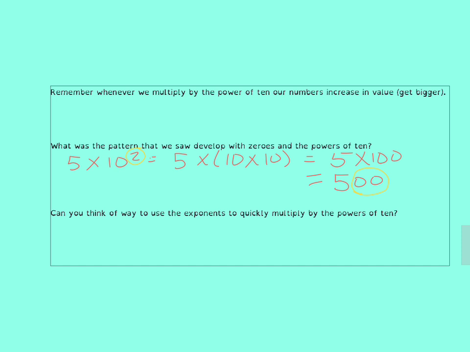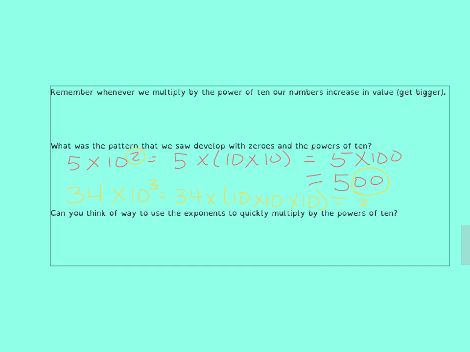I'm going to do 34 times 10 to the power of 3. So that would be 34 times 10 times 10 times 10. Well, if I multiply 10 times 10 times 10, I'm going to get 1,000.